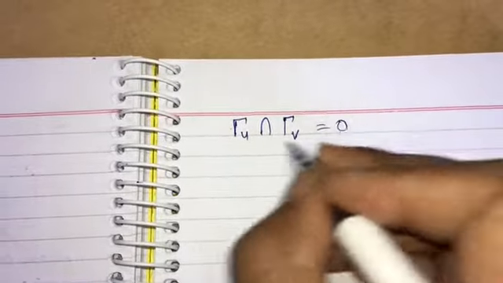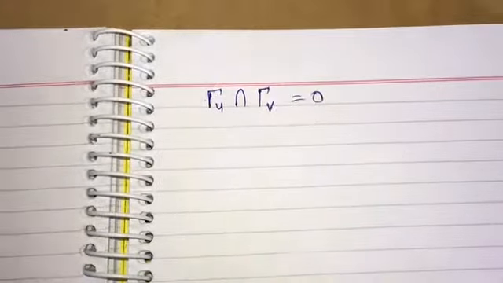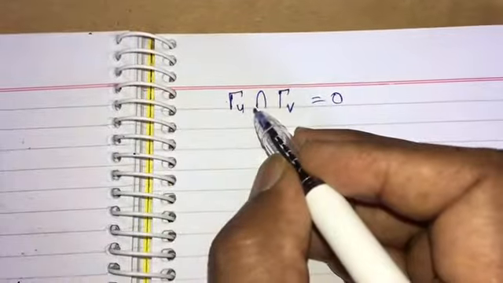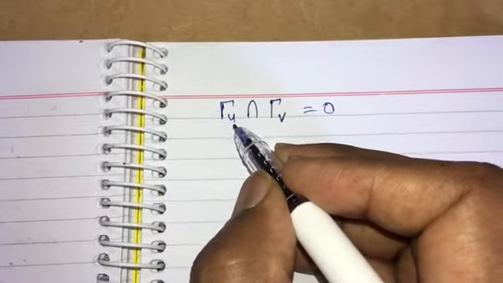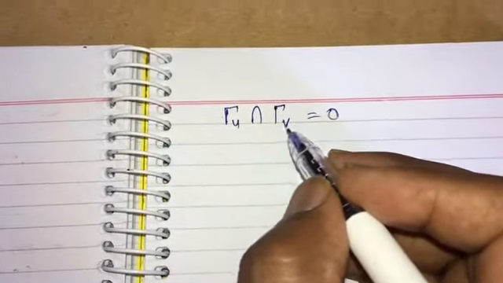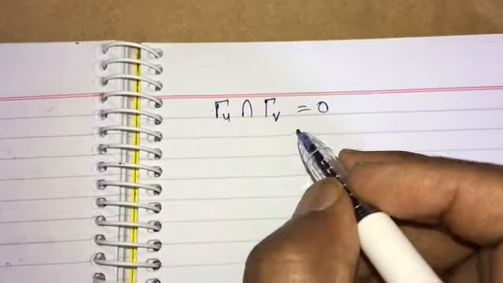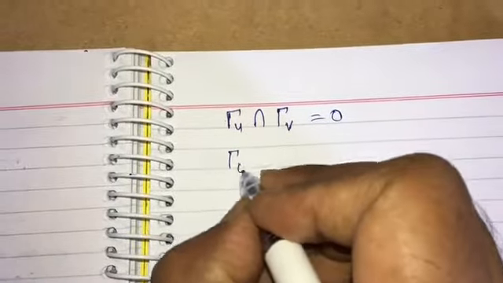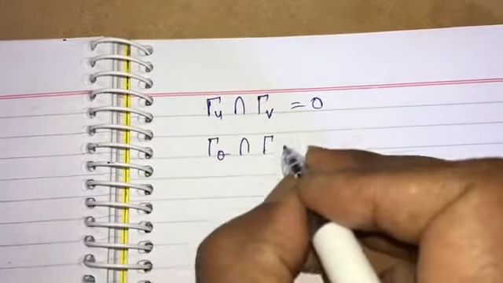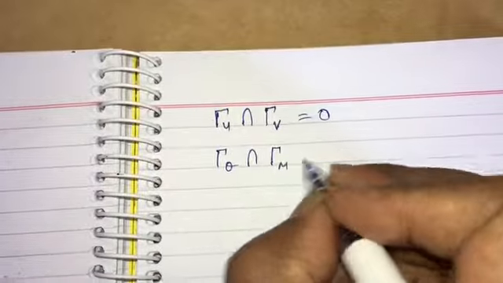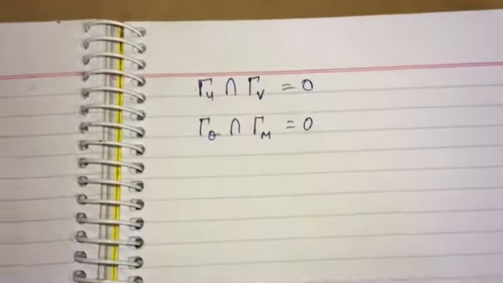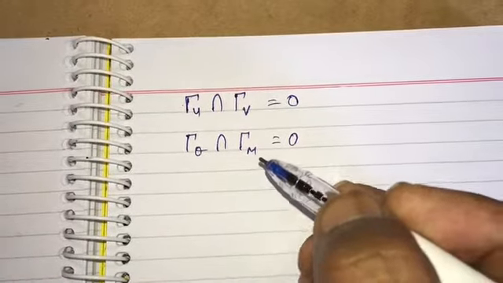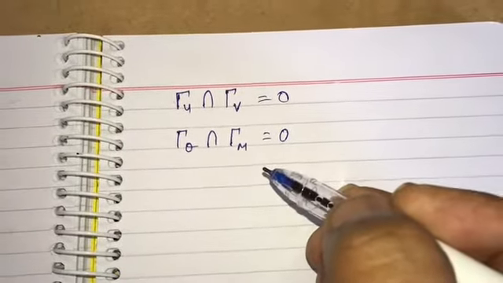They have to be different: either you assign the vertical displacement or the shear force. Similarly, gamma theta and gamma M will not have anything in common, meaning at the same point you cannot give both of them.